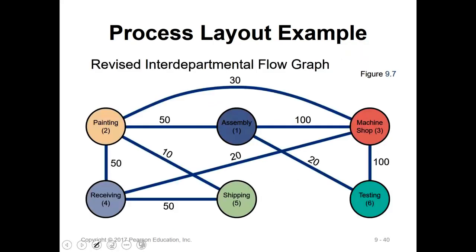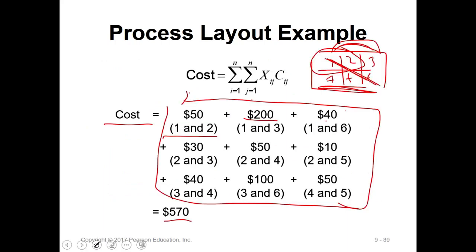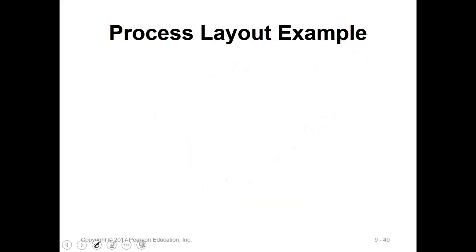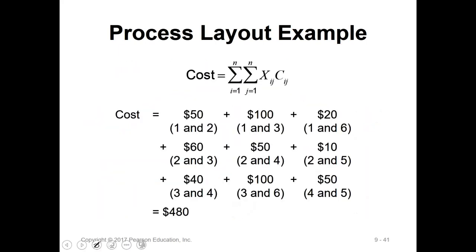And then next, we have the in-class practice. I showed you in an Excel file how to calculate the layout cost. And then the next step is to rearrange and revise it.